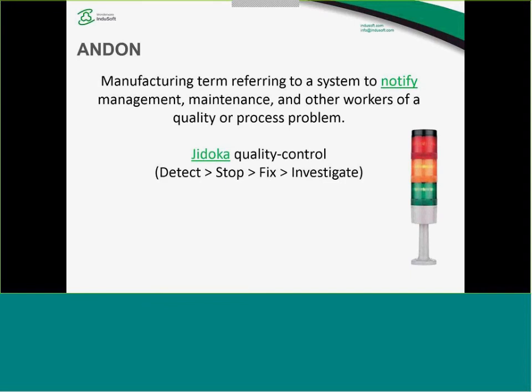productivity. Andon is the main component of jidoka quality control, which is based on the process of detecting the problem, stopping the line if necessary, fixing the problem and restarting the process, and then investigating the reasons. So the template provides all this capability, the ability for operators to detect the problems and stop the line, then fix the problem, and we record all the history and information about the whole process, so this data can be investigated in the future to improve the overall process.